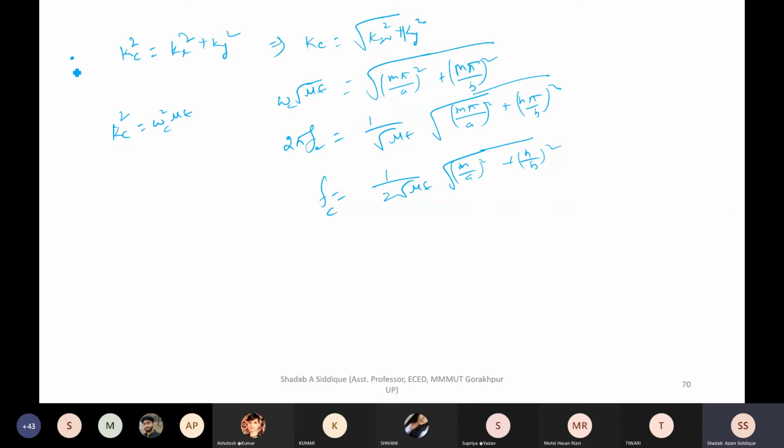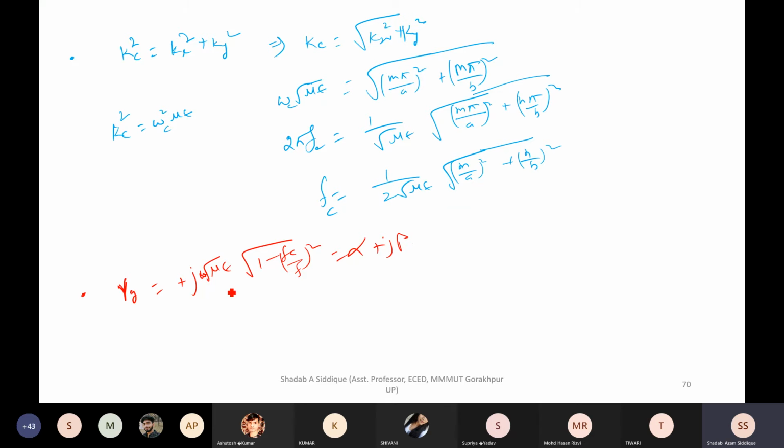Now we had the propagation constant gamma g, that was nothing but plus minus j omega root under mu epsilon, and we had 1 minus fc by f whole square, and we know that is nothing but alpha plus j beta.